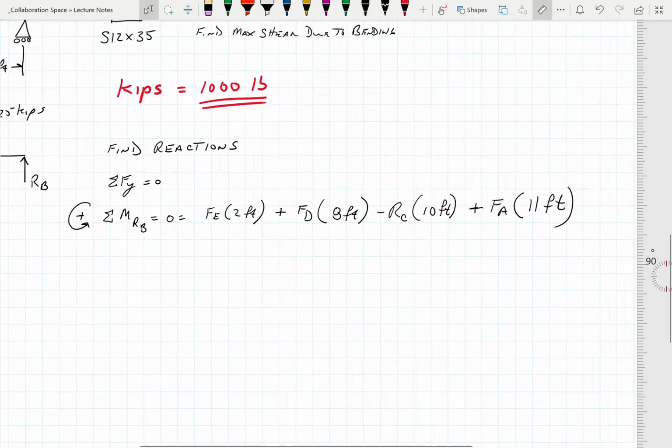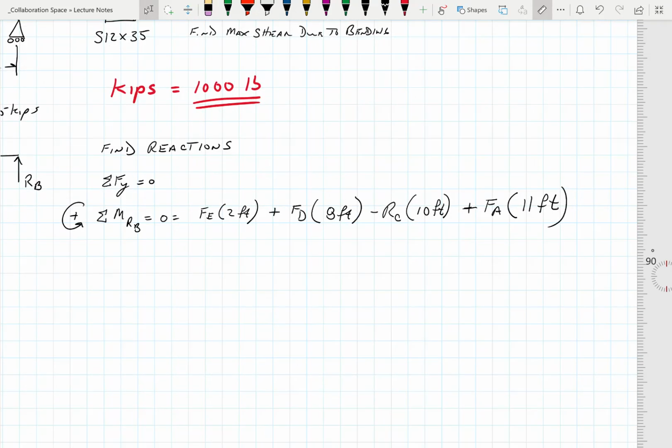Okay, everybody see where those came from? Understand them? All right. So the real simple thing is move RC to the right and solve for the rest.